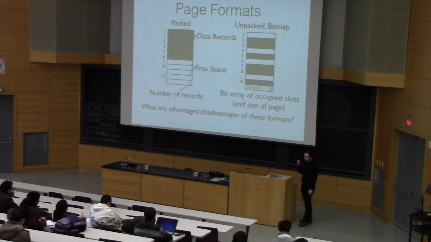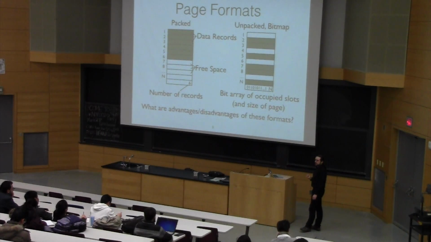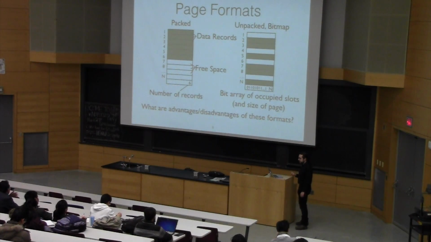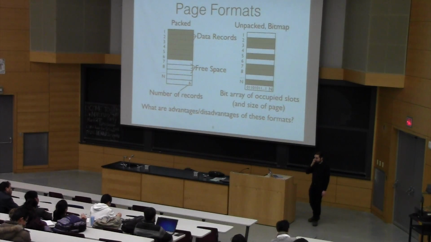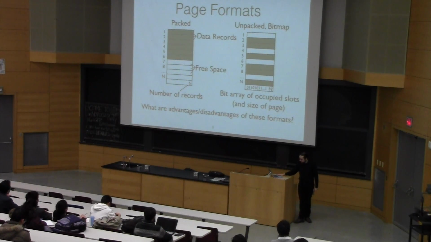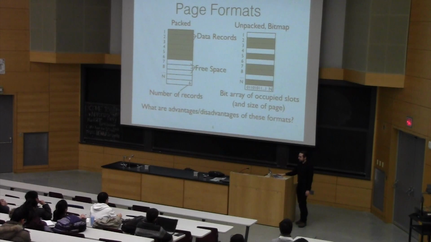This bitmap approach is still somewhat decent if you have fixed size records, because you can represent each of the slots as a bit in a bit vector. If you have n slots, you need n bits, 0 or 1, saying whether the slot is occupied or not. On the other hand, this doesn't work once you have variable sized records.